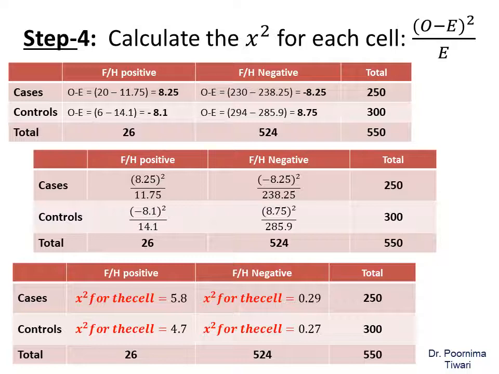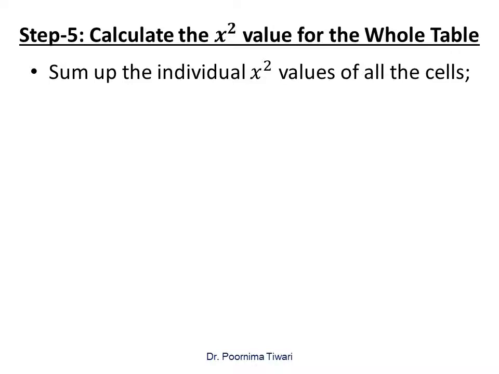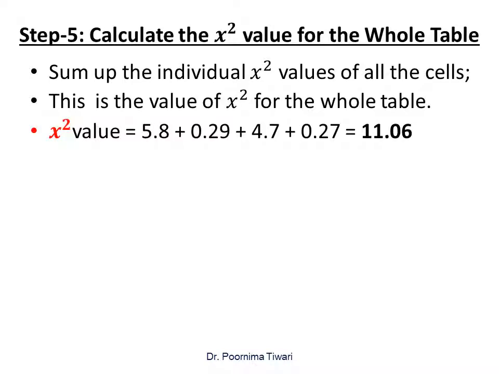Then the chi-square calculation for each cell, and the third table gives the chi-square value for each cell. Step 5, we sum up the individual chi-square values of all the cells, and the sum is 11.06. This is the chi-square value for the entire table.